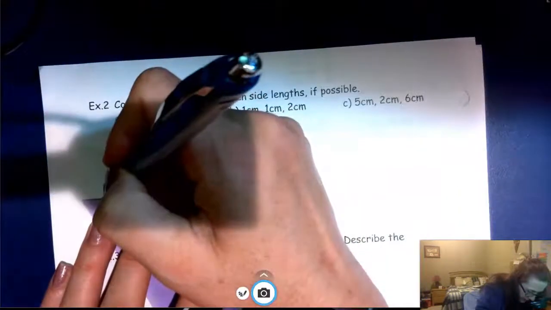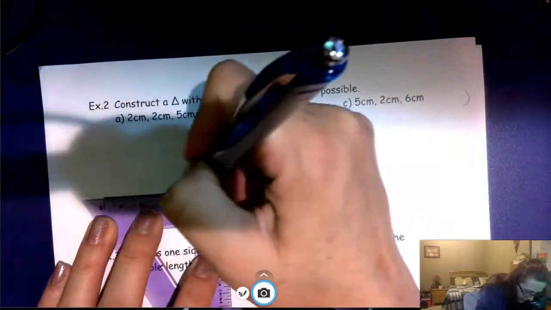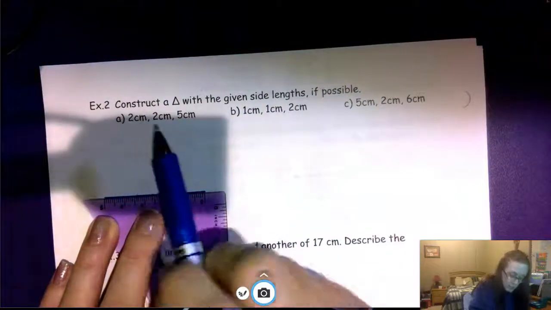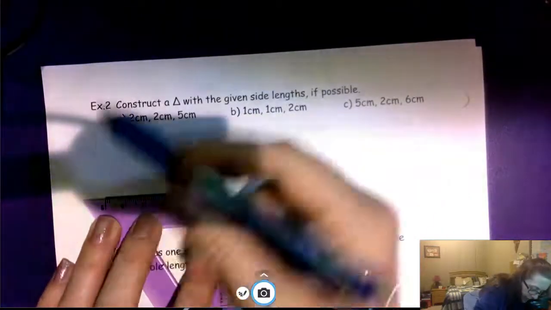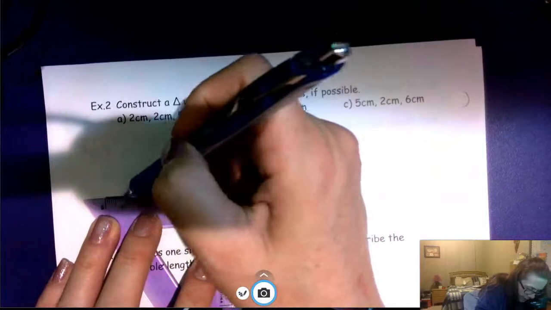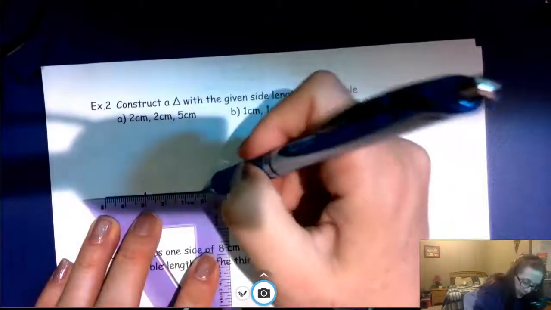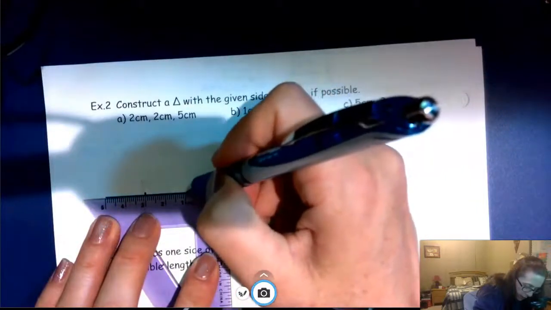It's going to be like this right here. Now I want my other sides of the triangle to be 2 centimeters. Well, from this side, 2 centimeters is going to be 1, 2. It's going to be right here. Well, from over here on the right, 2 centimeters is going to end up right here.